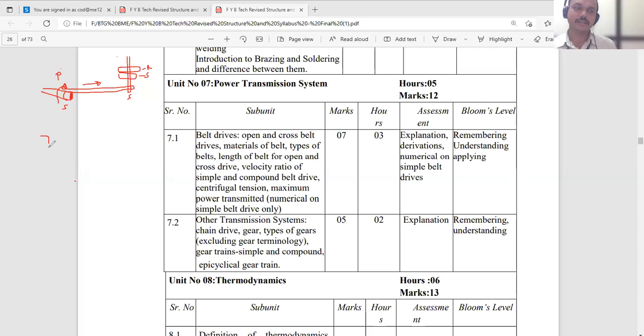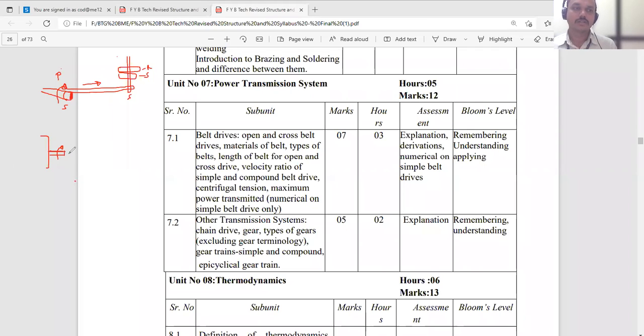Then in a tractor, if this is the tractor and there is a PTO shaft at the back side, have you seen that PTO shaft? Yes. If we use that power to run a rotor, have you seen a rotor? Yes, sir.